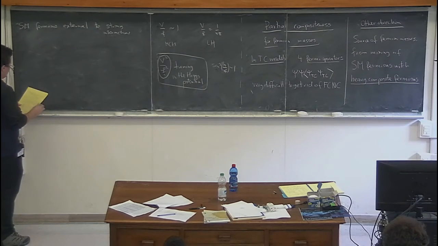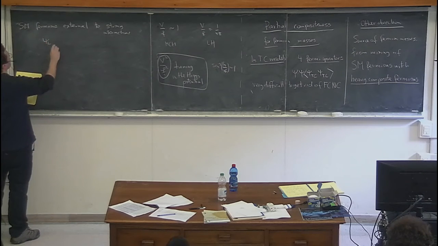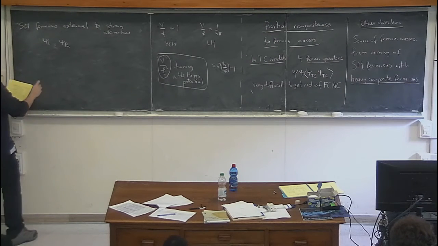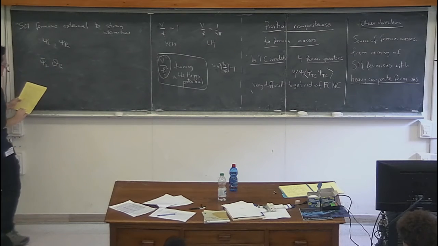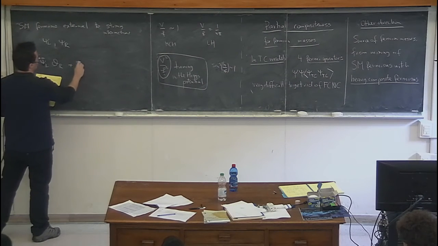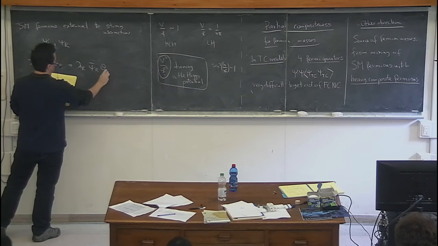Okay, so again, the way we are imagining it is that we have our standard model fields, let's say psi left and psi right, and then there will be some mixing between the elementary fields and some fermionic operators in the composite sector: lambda right, psi bar right, O left.